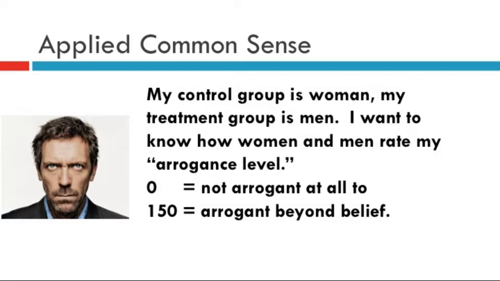So here we have Dr. House, and he's going to run an experiment. His control group is women, his treatment group is men, and he wants to know how women and men rate his relative arrogance level. It ranges from 0, not arrogant at all, to 150, arrogant beyond belief. So this is our little experiment.